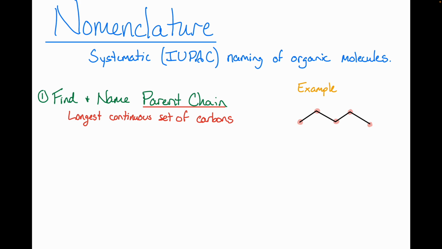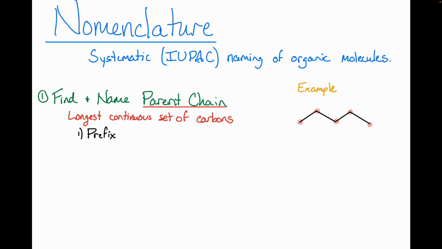Okay, so we got 2 things to worry about with our parent chain. The first one is these prefixes. Okay? The whole shtick in organic chemistry nomenclature is we need a name that will uniquely point to a molecule. So what we do is we build into that name the location of all of our carbons.